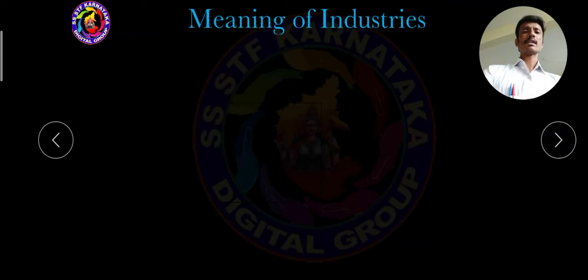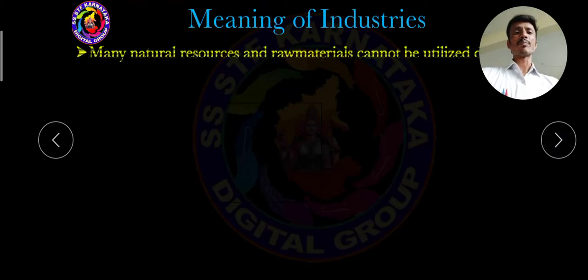Dear students, meaning of industries. Before that, we have to understand properly why industries are essential and play a very important role in economic development. Industries convert raw materials into usable products.